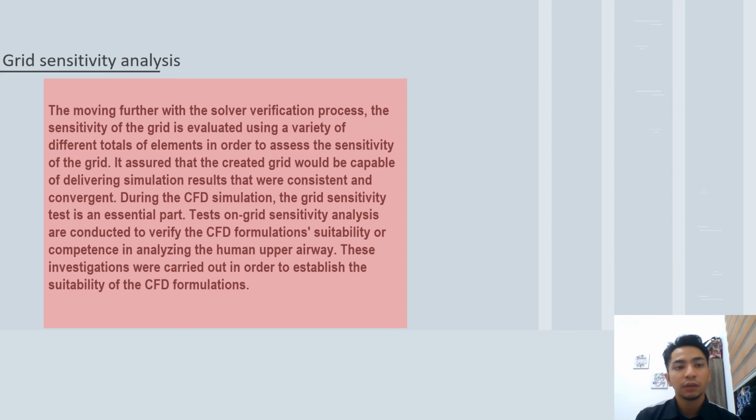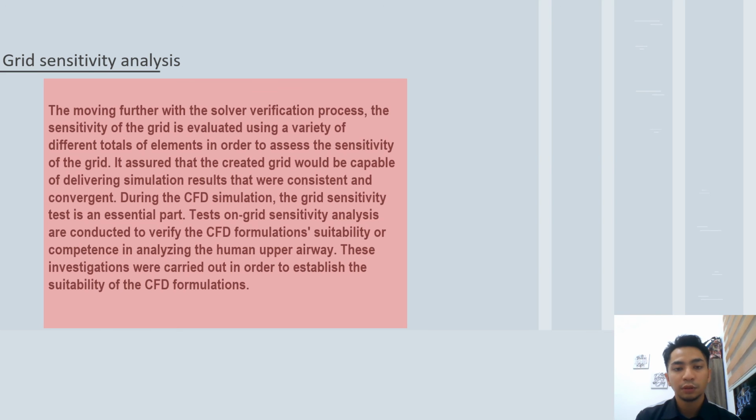Okay, the last one is grid sensitivity analysis. Moving further with the solver verification process, the sensitivity of the grid is evaluated using a variety of different totals of elements in order to assess the sensitivity of the grid. It ensures that the grid will be capable of delivering simulation results that are consistent and convergent.